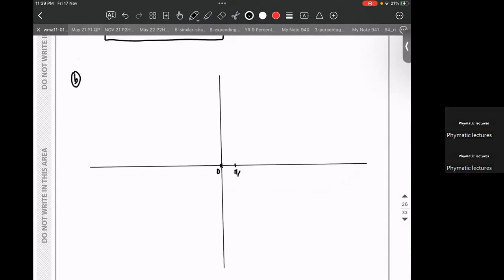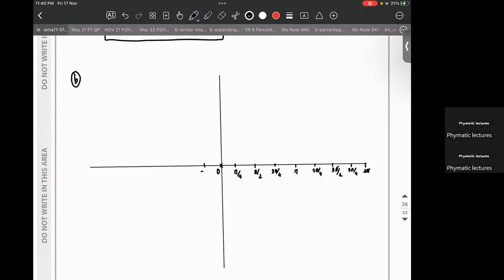So this is pi by 4, pi by 2, 3 pi by 4, pi, then 5 pi by 4, 3 pi by 2, and next is 7 pi by 4, and finally it is 2 pi.